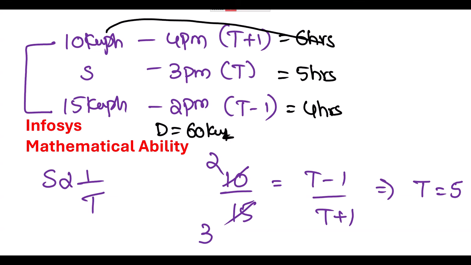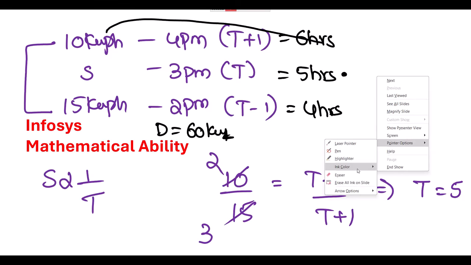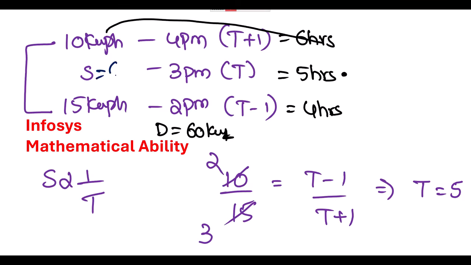Now the same 60 kilometers you should cover in 5 hours. So speed is distance by time, 12 kilometer per hour is the answer. Same answer.